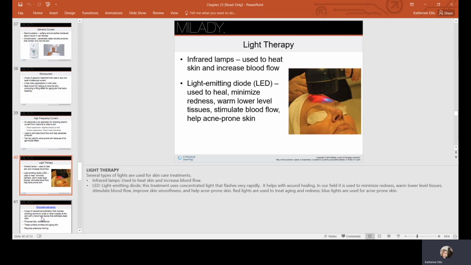An example of this is the blue light is used for acne-prone skin, and the red light can treat aging and redness. And then there's also green and amber. So there's more than just blue and red that can help with hyperpigmentation and tone and texture and all that good stuff.